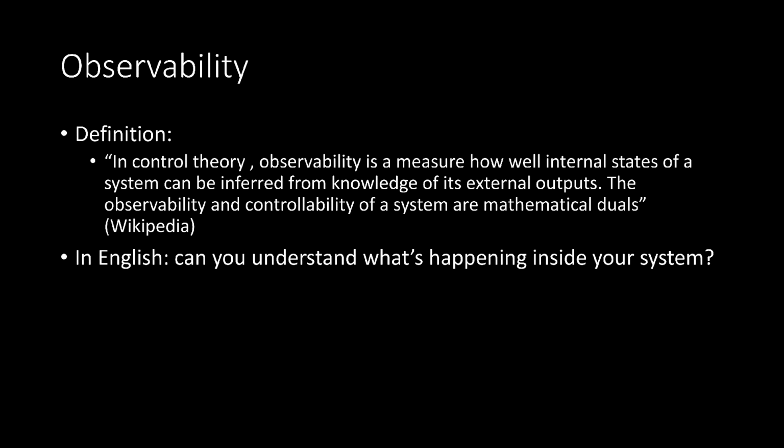Based on Wikipedia, in control theory, observability is a measure of how well internal states of a system can be inferred from knowledge of its external outputs. The observability and controllability of a system are mathematical duals, meaning that more observability gives more controllability over a system. To put it simply, monitoring asks: can you understand what's happening inside your system?